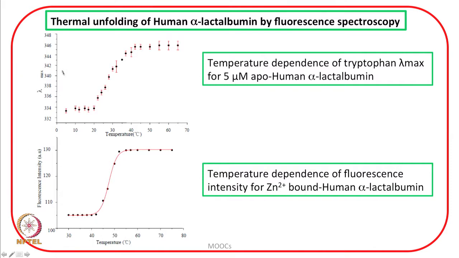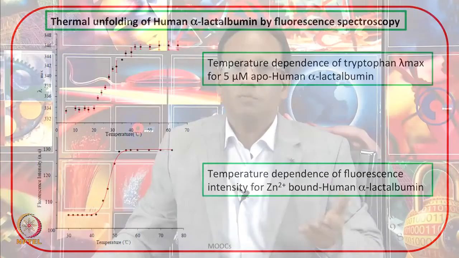In the upper case the observable is lambda max, and in the lower case the observable is intensity. We can use this in place of y and get the fraction denatured and then address the thermodynamics of the unfolding process in the manner that we just discussed.